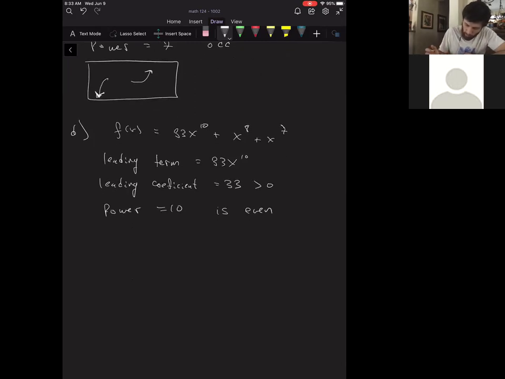So we have a positive leading coefficient and an even power, which means we go up on the left and up on the right. These four examples are the only types we can have, which covers those 4 cases that we talked about.